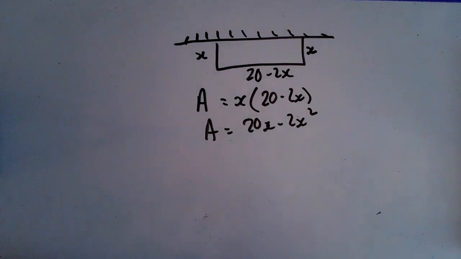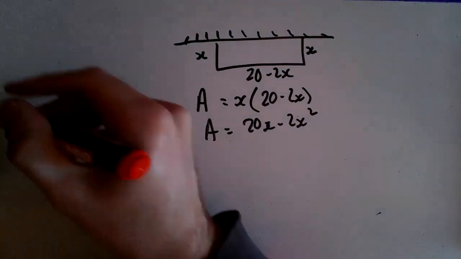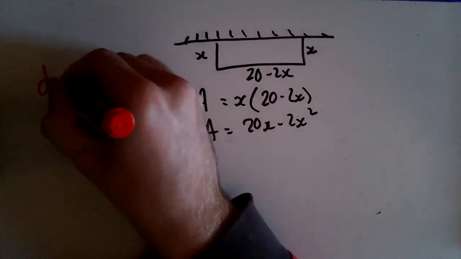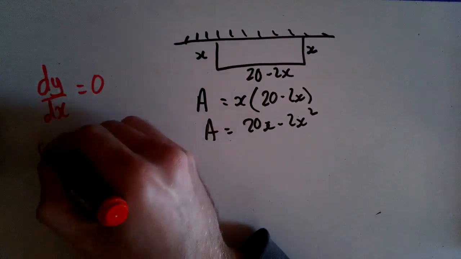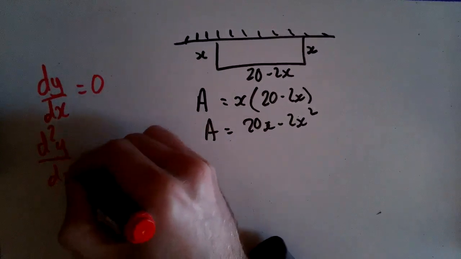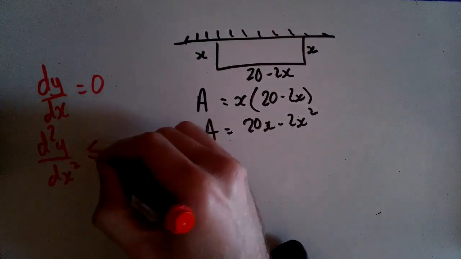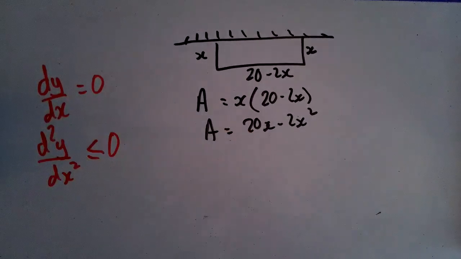It says use differentiation to find the maximum. So remember, the knowledge we need to know is at a maximum, dy by dx is 0 because it's stationary, and also d2y by dx squared is less than 0, or could actually be 0 in a very small number of cases.